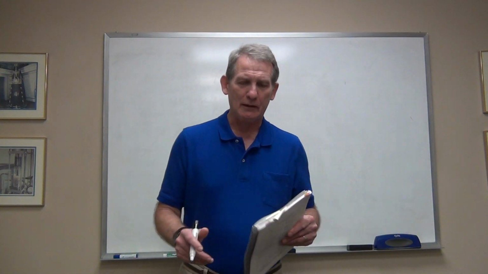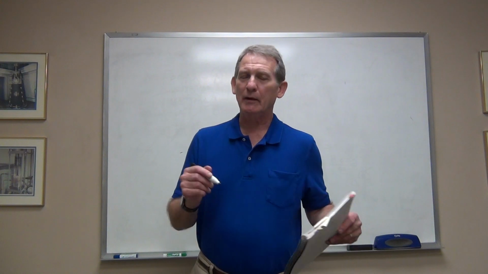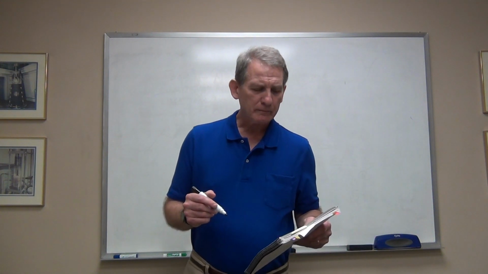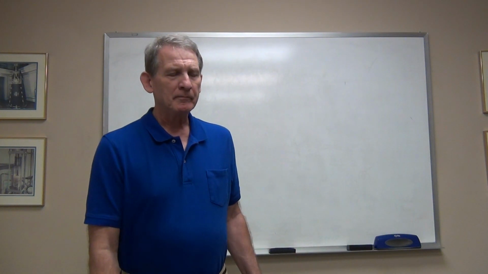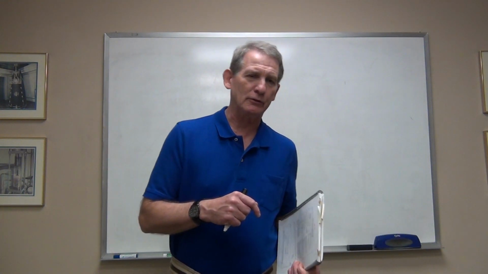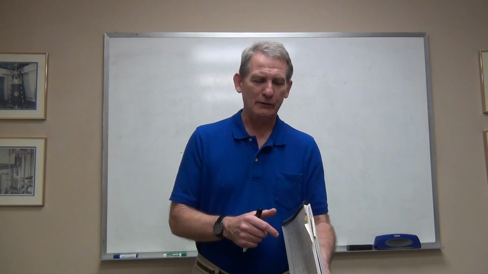The one thing I don't like about the illustrations is, even though there is an English version of the standard and a metric version of the standard, it's pretty clear that the illustrations and the dimensions and tolerancing that they use are intended to be metric. They don't say that, but again, when you look at the size of the tolerances and the size of the features, it's pretty much drawn in millimeter units.